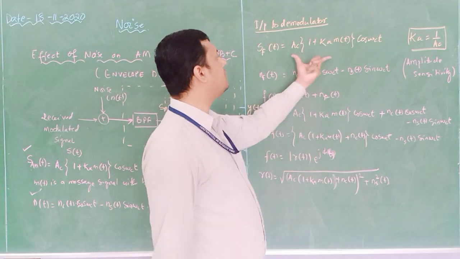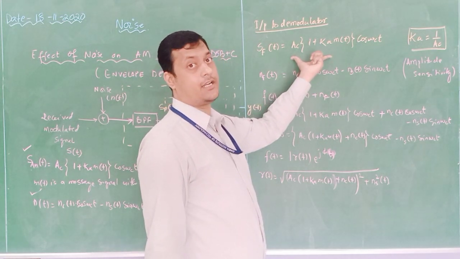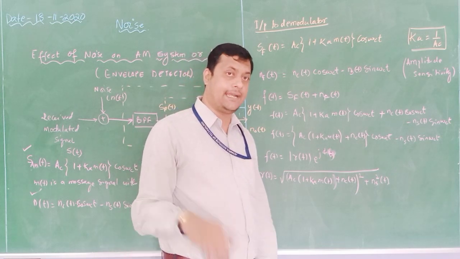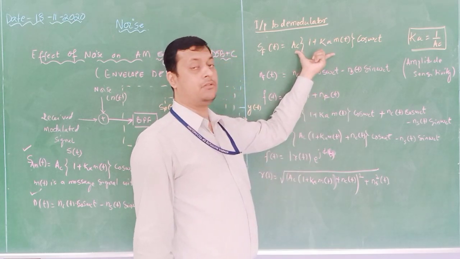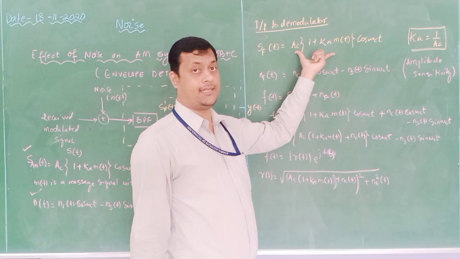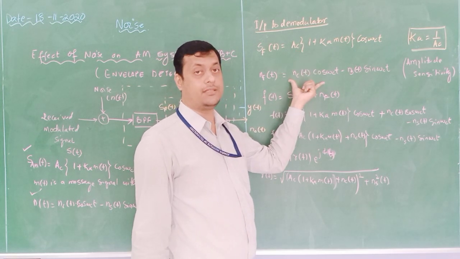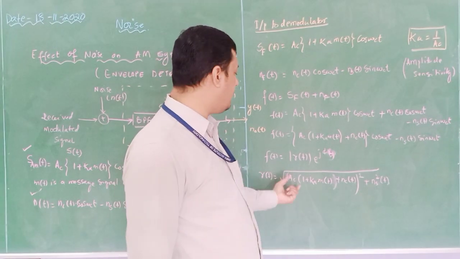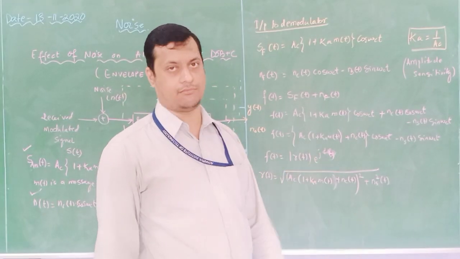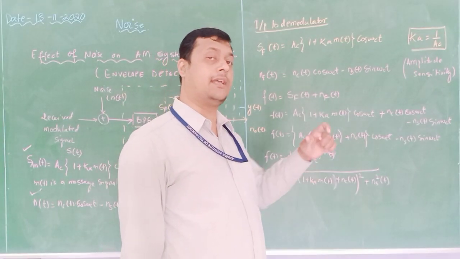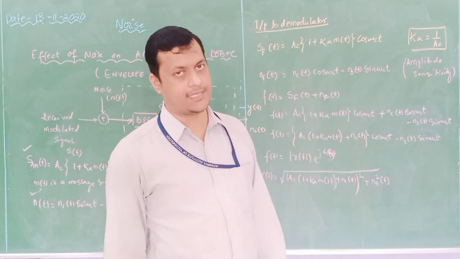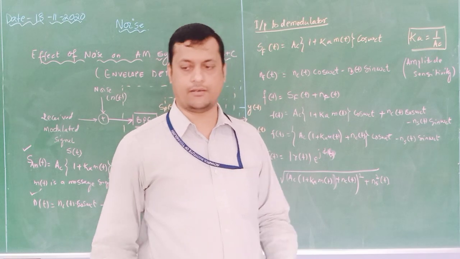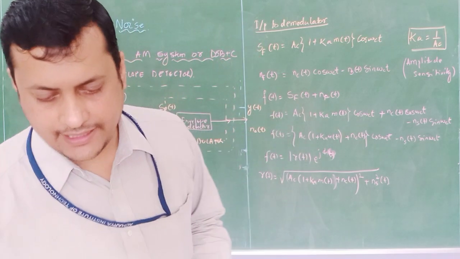First, the amplitude of this signal is greater with respect to noise. That is your first case. Second, if the amplitude of this received signal is less with respect to the amplitude of this noise, then what will happen? Now for those two cases, we need to analyze what our r(t) is. And from r(t), we can extract our modulating signal, as well as the signal to noise ratio can also be determined.